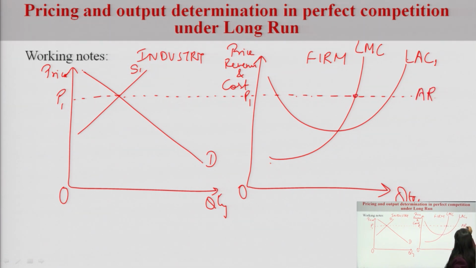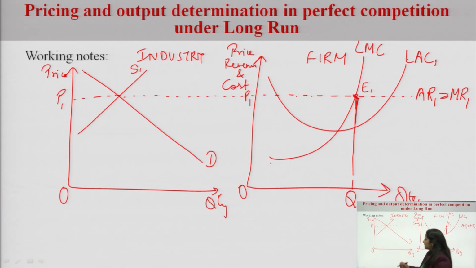This is the average revenue 1, this is the marginal revenue 1. The point where optimum output is determined is E1, and the optimum output is OQ1. What is the profit? This is the profit per unit for the seller. This profit is attracting other sellers to the industry, and new sellers are entering the industry.